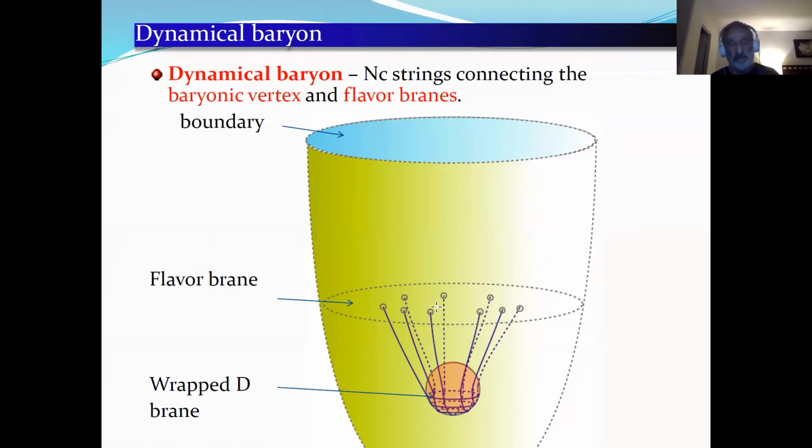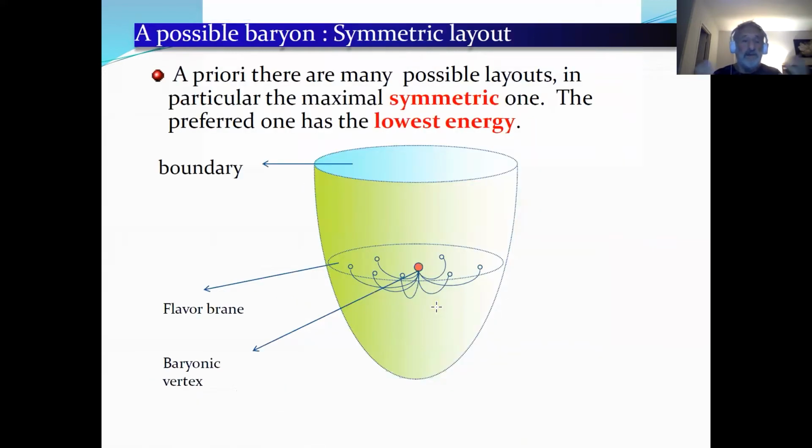Now, the location of the baryonic vertex and the structure of the strings is a dynamical issue. You have to solve for the energy of the system and check what is the minimal energy configuration. And a priori, there are many possible layouts we can have.